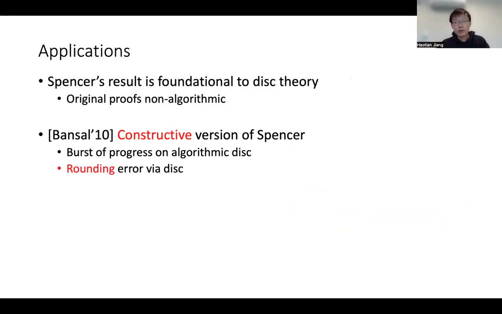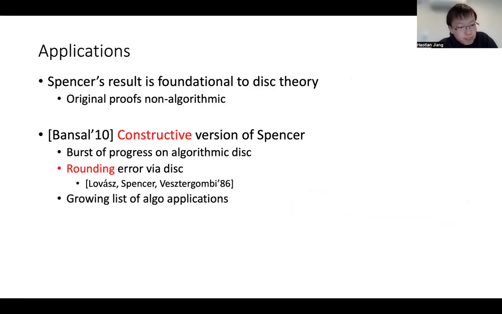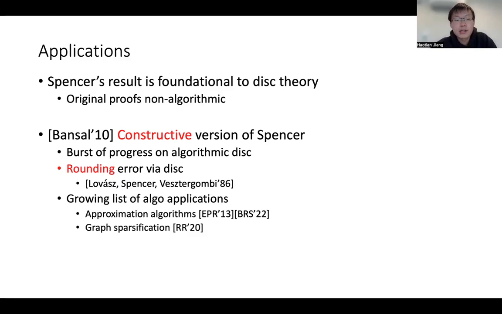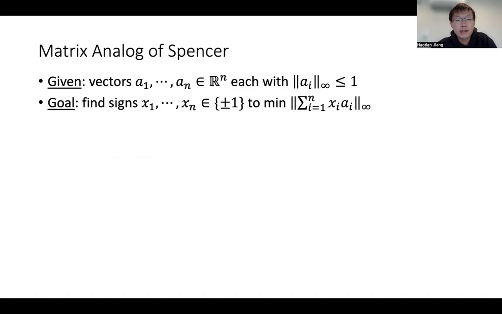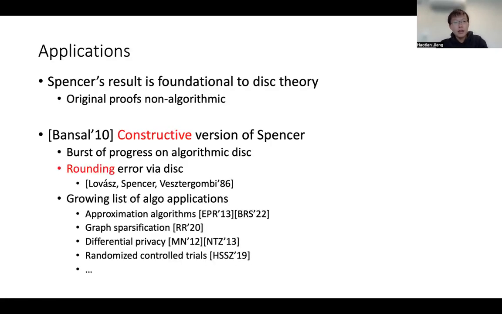And because rounding error is closely related to discrepancy, as first shown by Lovász, Spencer, and Vesztergombi, there has been a growing list of algorithmic applications of discrepancy theory to approximation algorithms, graph sparsification, differential privacy, randomized controlled trials, and many others. I'm not going to dive into these applications.